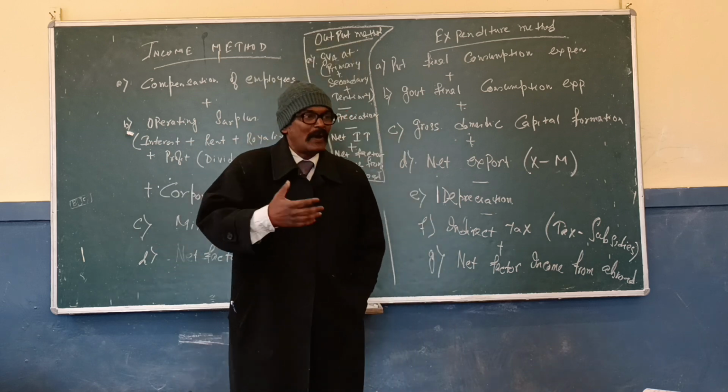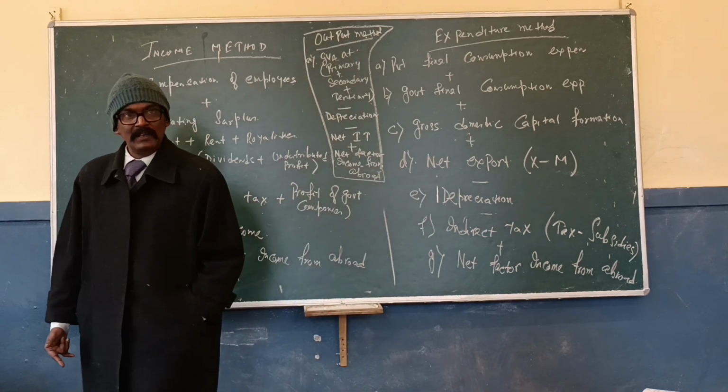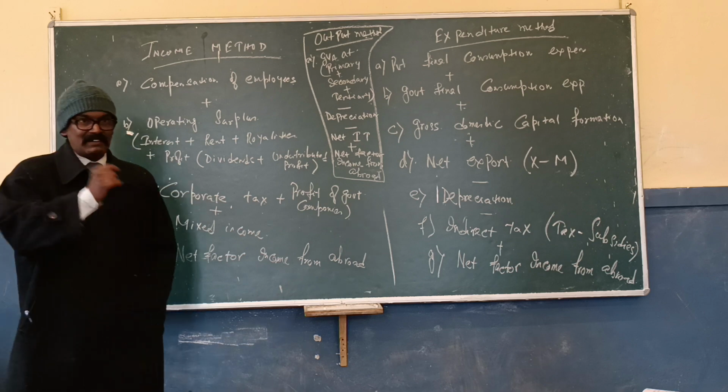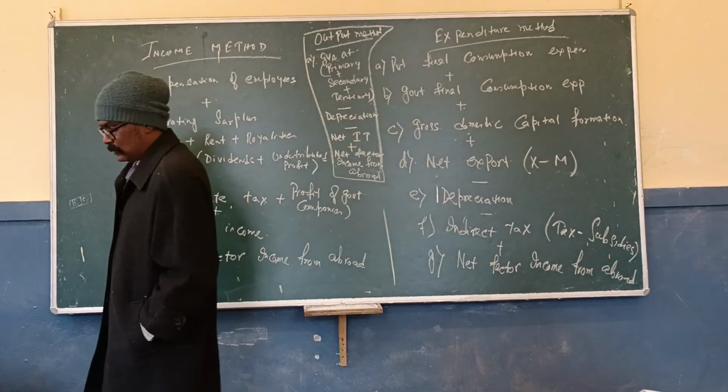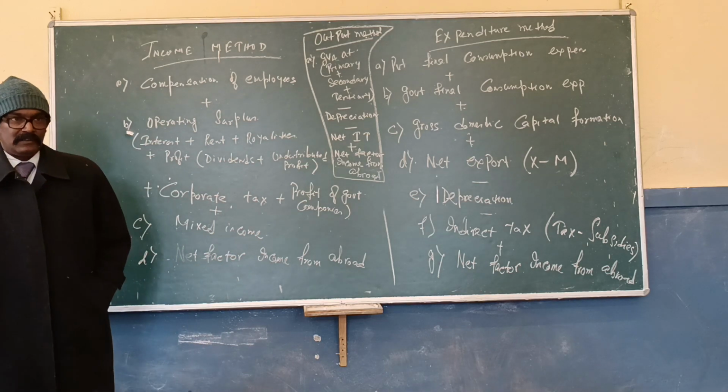Now let us do at least one numerical. At least one numerical, please write it down and then do the sum. Then we will go to the next portion. Alright.